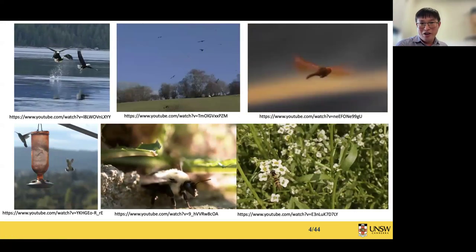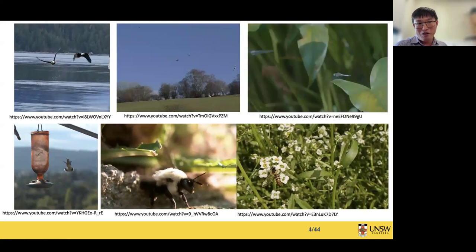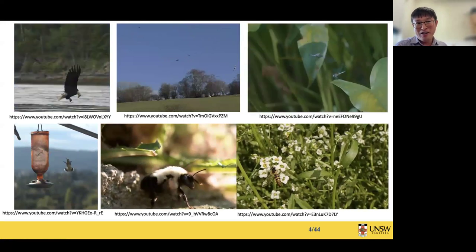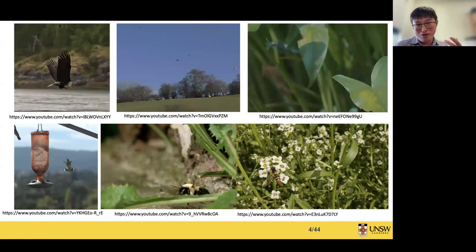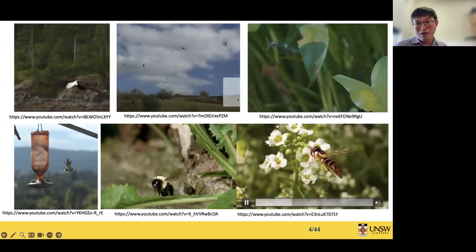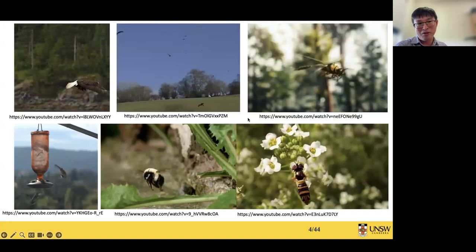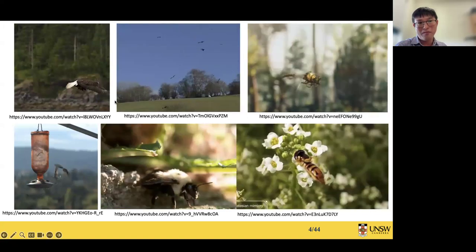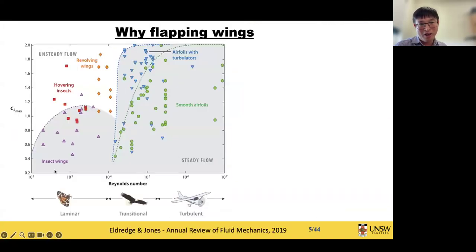Now, one question we would like to ask is why insects or birds have to use flapping wings. In order to explain this, we show this picture. The horizontal axis is the Reynolds number and the vertical axis is CL, the lift coefficient.